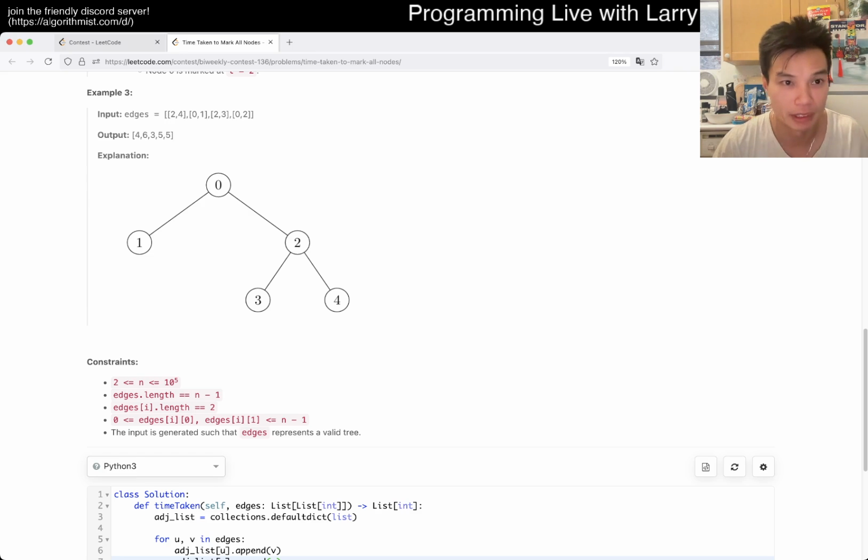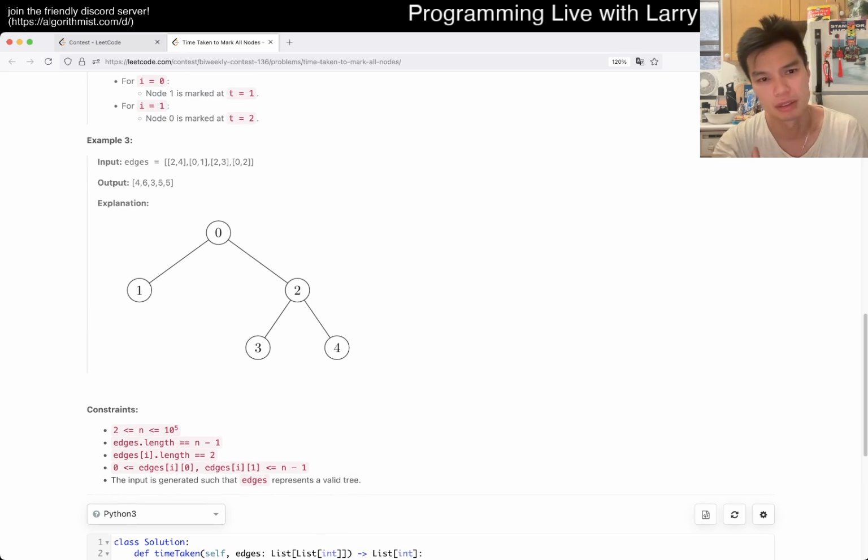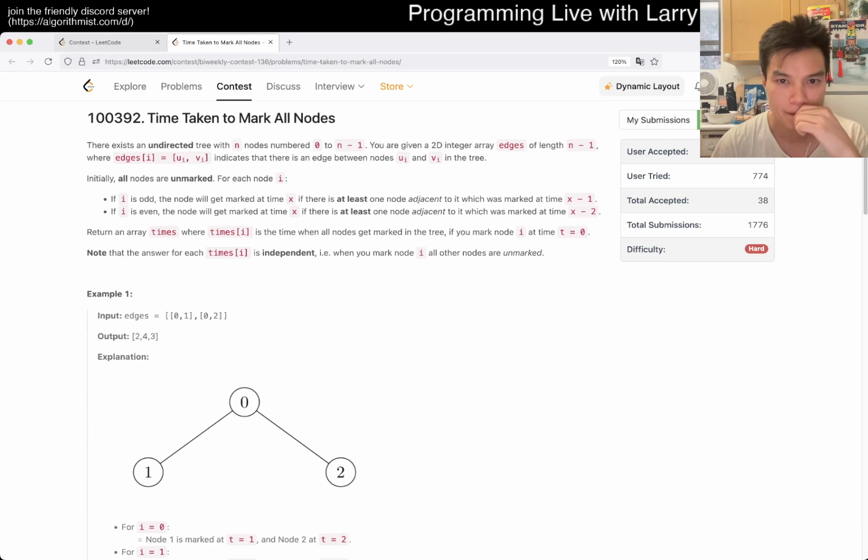And I'm not awake enough for this. Okay. I mean, it's a tree, so at least one node is kind of weird. So we have to do at least one depth first search, maybe, but.